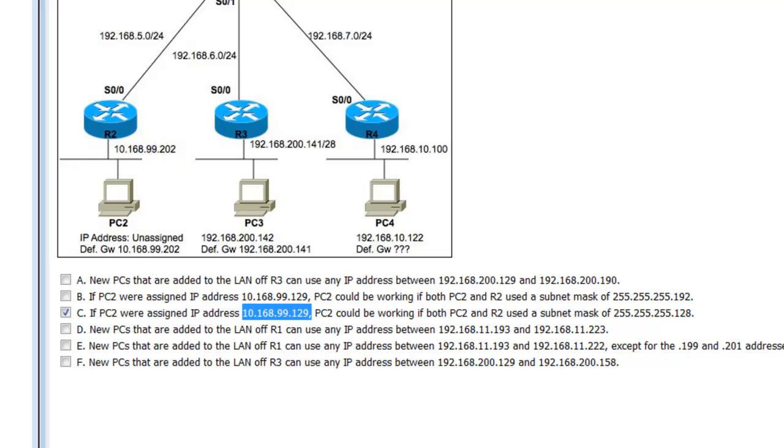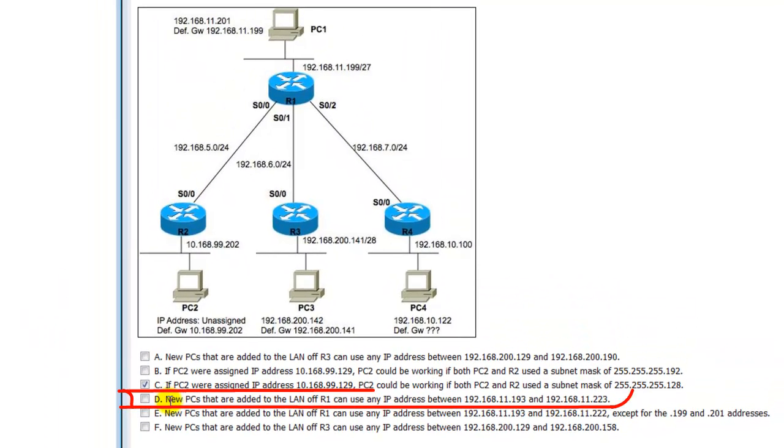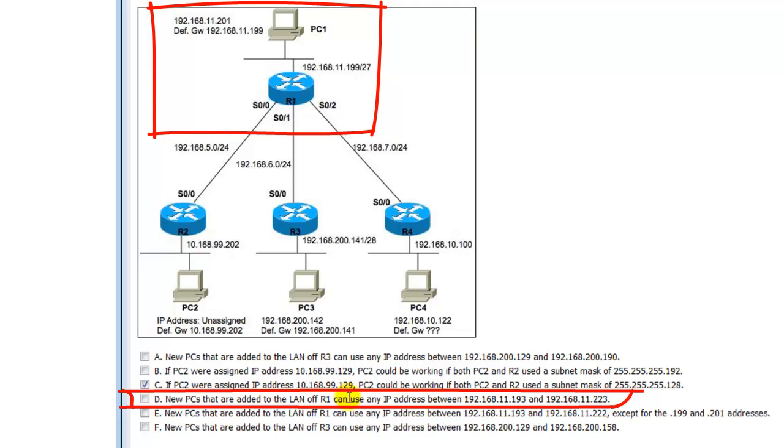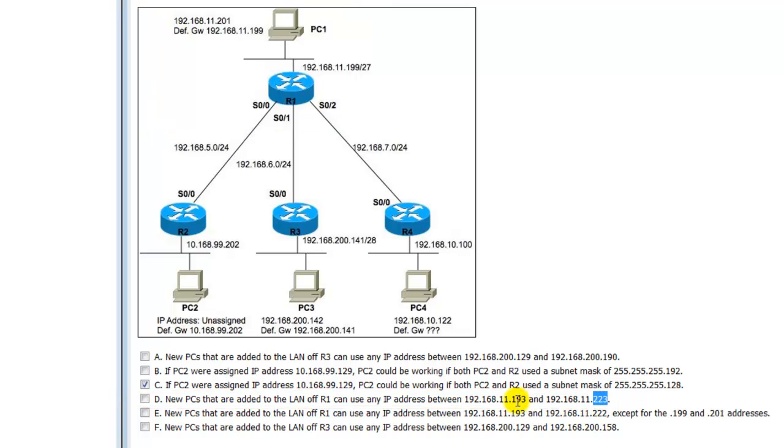So that's right. Okay, so D, if new PCs that were added to the LAN off router 1 can use any IP address between 193 and 223. So again, it's the same kind of question as A. So you want to look at the subnet mask.